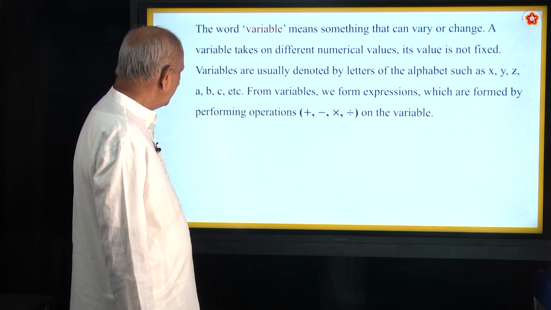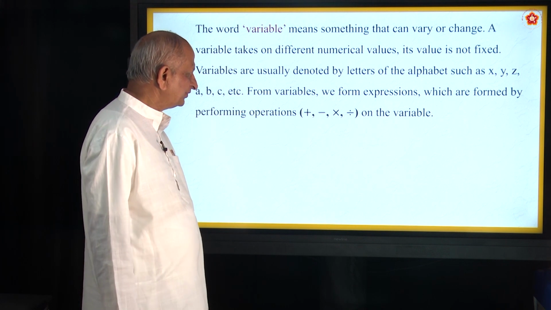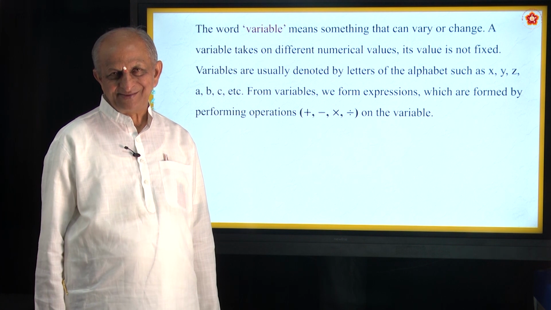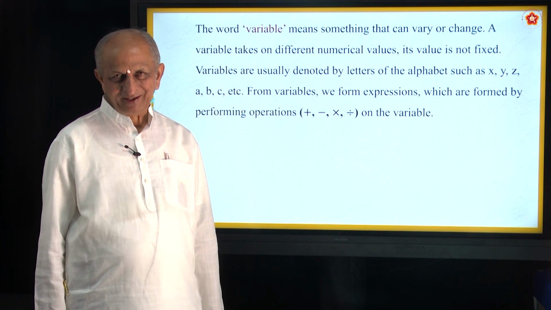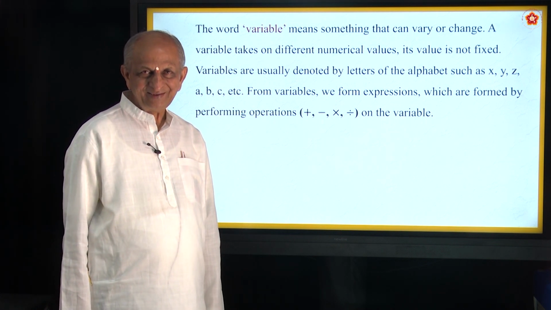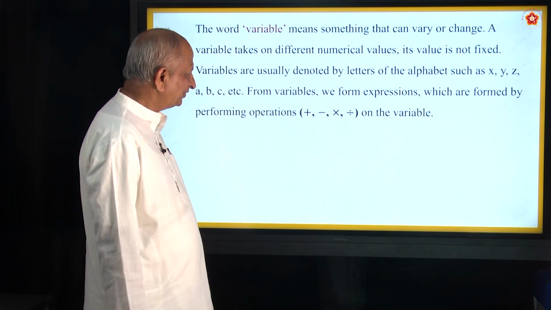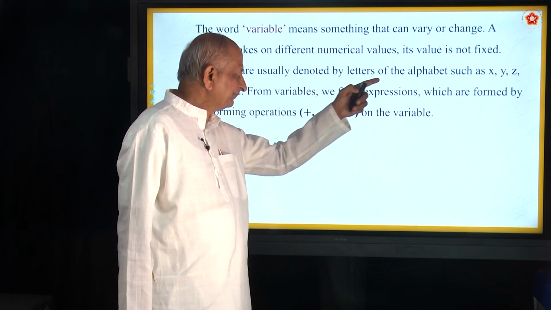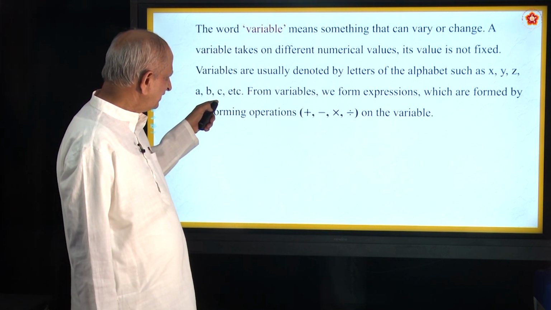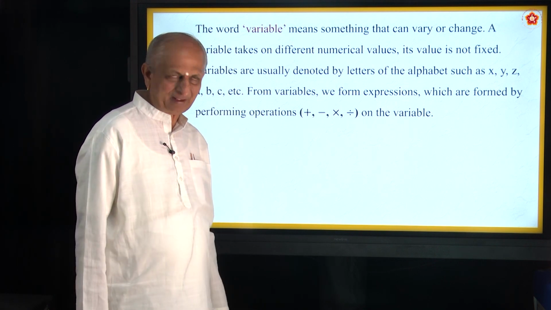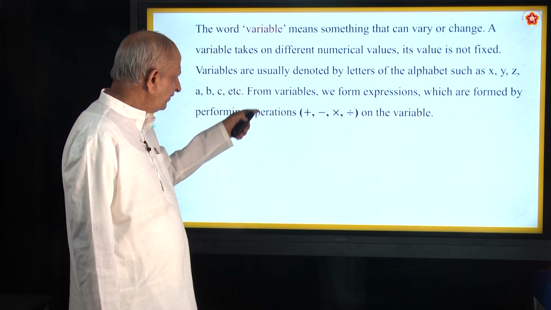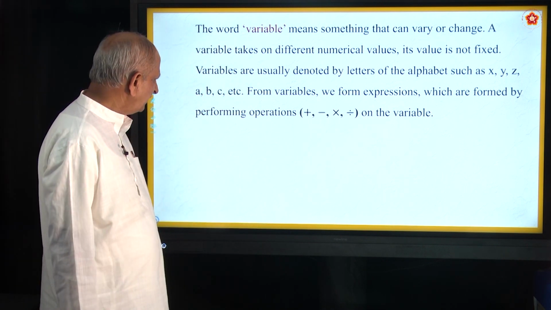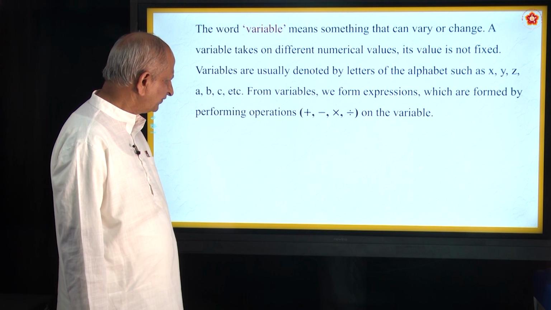Okay. So, variables are usually denoted by letters of the alphabet. How many alphabets are there? All of you know it? 26, okay, from A to Z. So, we write variables denoting them by x, y, z, a, b, c, l, m, n, etc. From variables we form expressions, which are formed by performing operations.